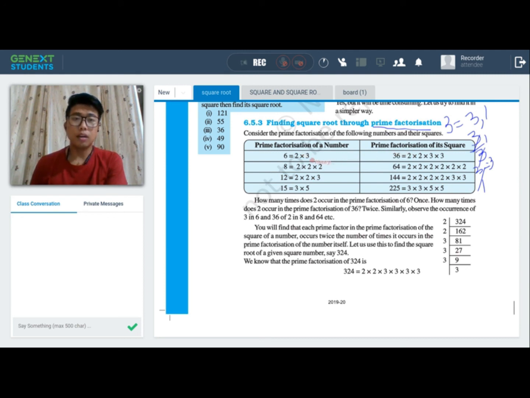Moving on, 6 squared gives us 36. 36 can be expressed in terms of the factors 2 and 3, where 2 is repeated twice and 3 is repeated twice. So we say that 2 squared into 3 squared gives us 36.